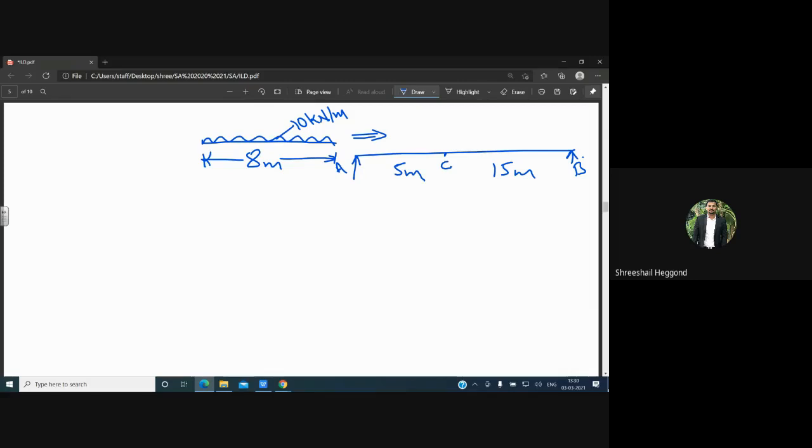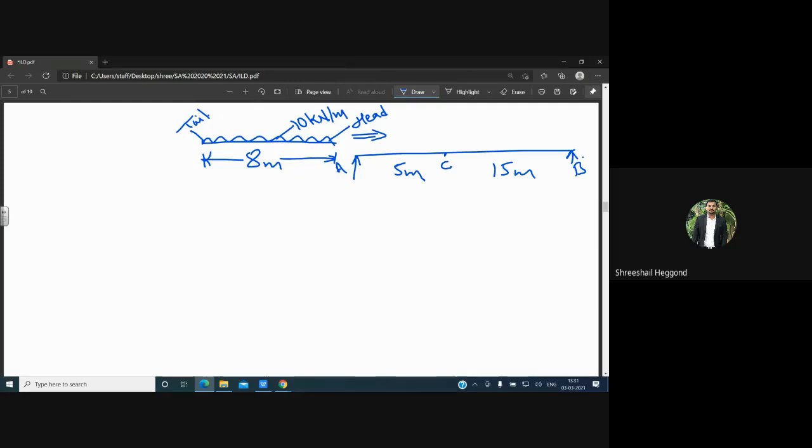Okay. First and foremost thing is to find out the reactions. The reaction at A will be maximum only when the tail of the load is at A point. If the 10 kilonewton load is acting, this is the head point, starting point, and this is the tail point.